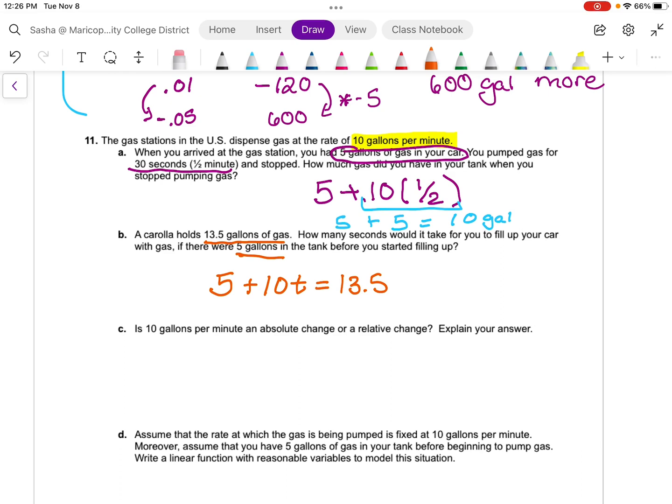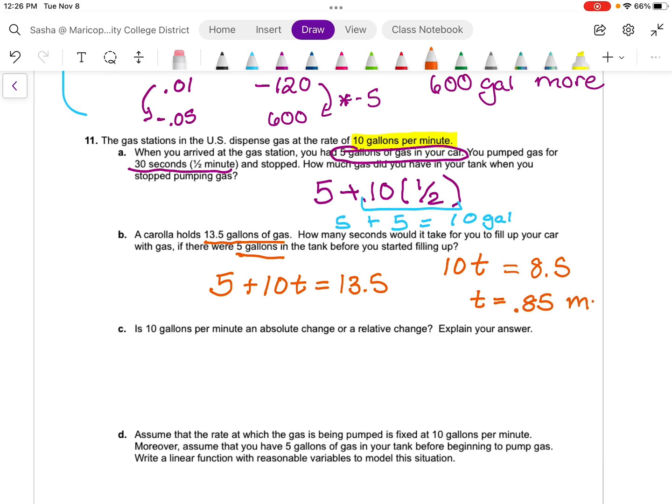So I'm creating sort of like an equation that I can solve. Now, if I subtract 5 from 13.5, I know that I need to figure out how long it's going to take me to get 8.5 gallons into my tank, and I'm told that it's 10 gallons per minute. And if I divide both sides by 10, I would get time equals basically 0.85.